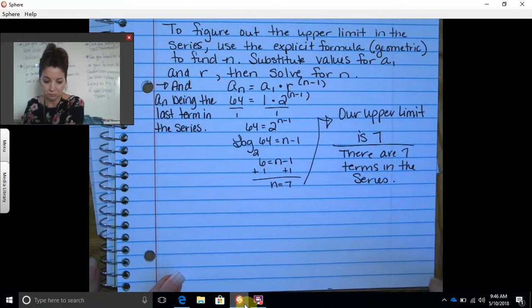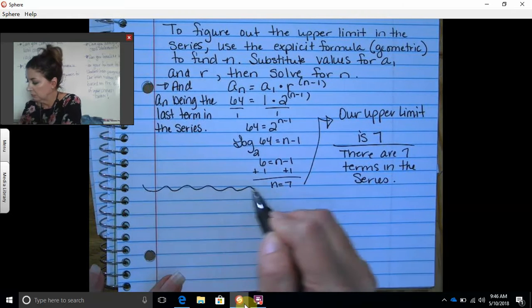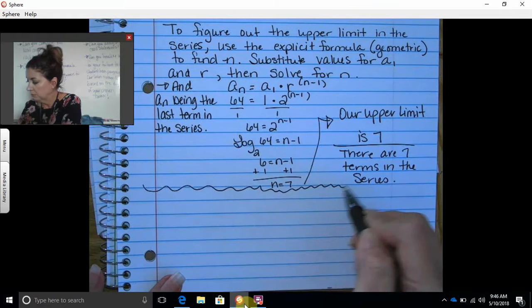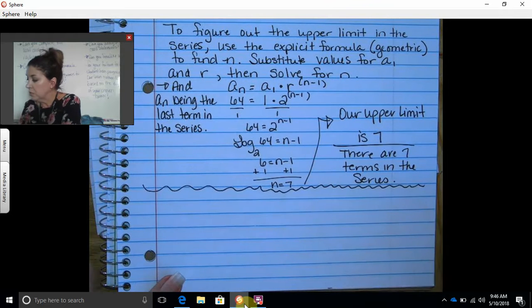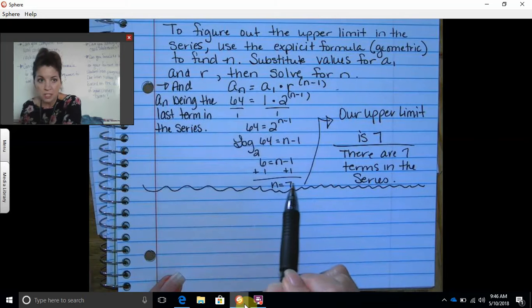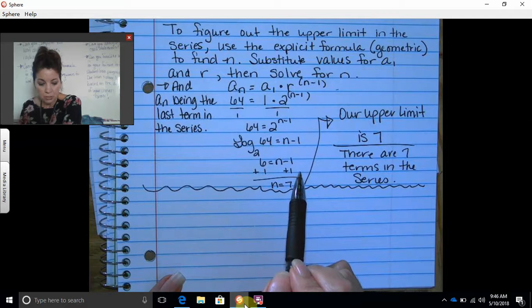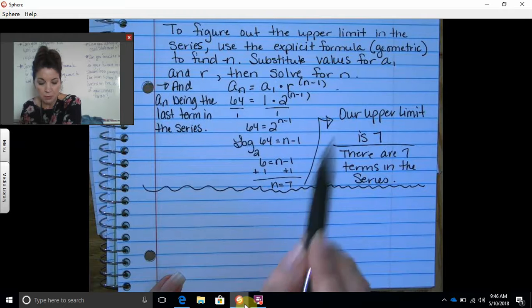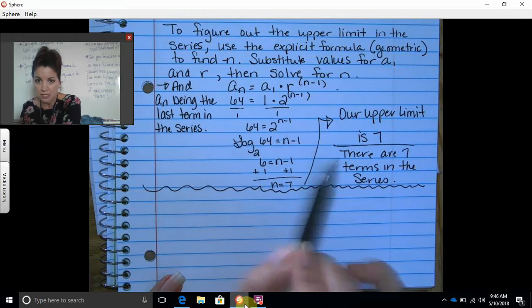Okay, now we need to figure out what the explicit formula is. Now we used this explicit formula to find out how many terms there are, but we need to use the explicit formula where we just substitute in our first term and the common ratio, but we don't want to substitute anything for n.